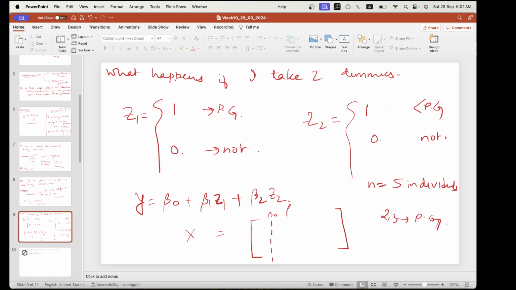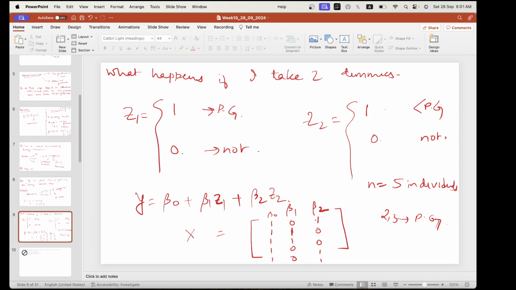Then for beta 1, this column, only 2 and 3 will have 1s. And in beta 2, since 2 and 3 are postgraduate and Z2 is quantifying less than postgraduates as 1, we will have 1 0 0 1 1. So this will be our model matrix.